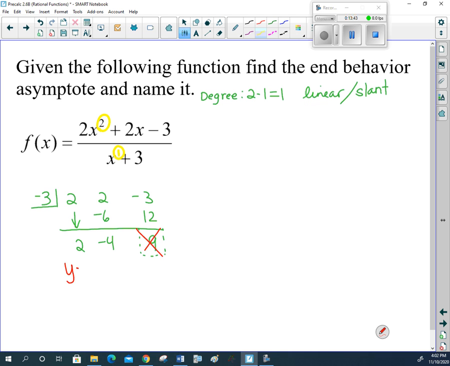So this would be y equals 2x minus 4. And you could see if you were going to graph that, 2x minus 4, so 1, 2, 3, 4, you would be here up 2 over 1. This would be your asymptote. It would be slanted. It's a slanted line. Okay, and that's what we're after. So its equation is y equals 2x subtract 4.